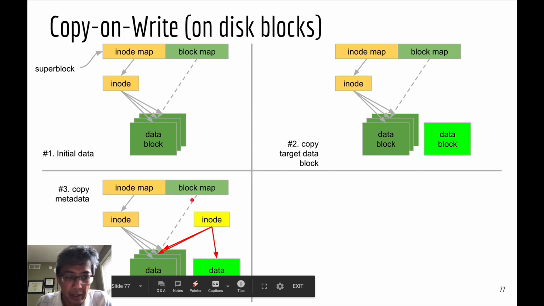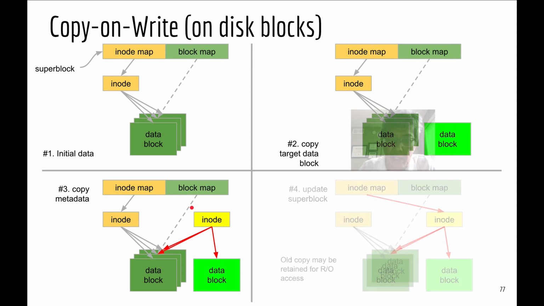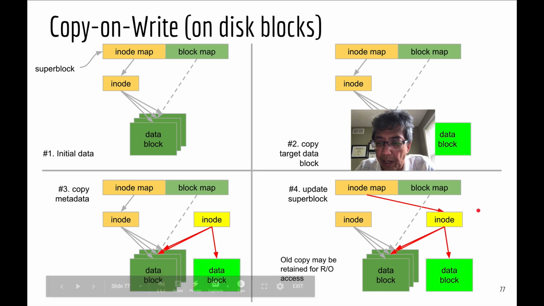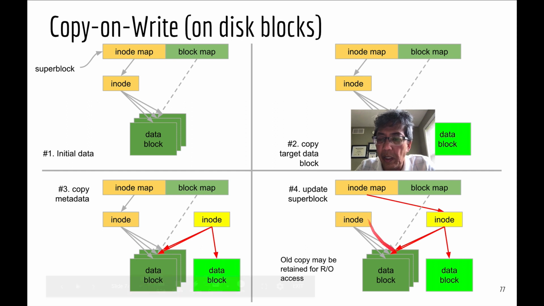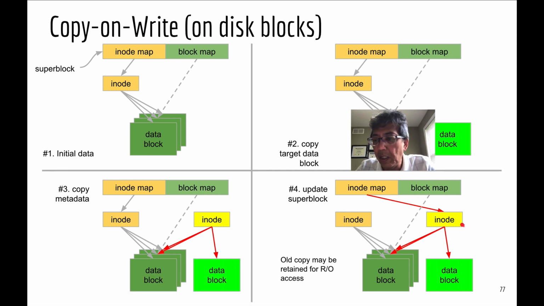Of course, the link from the block map and the data map must be updated as well. At this point, the inode map will point to the new inode of your file, and the old content is still maintained in the block. So we have the old inode, the old data block, the new inode, and the new data block. But now your inode map will point to the new inode.